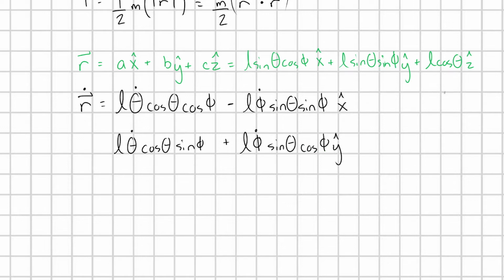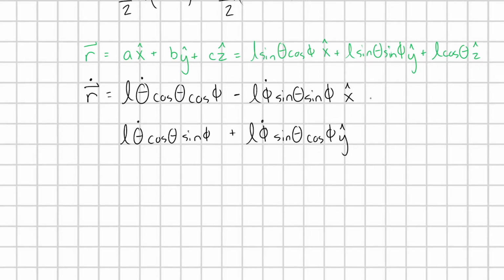Beautiful. Next we have this last term here, which is going to be the easiest of the three, so we're just going to get minus L theta dot sine theta in the z hat direction. All that we've done is take the time derivative of our position vector, and we're left with this.